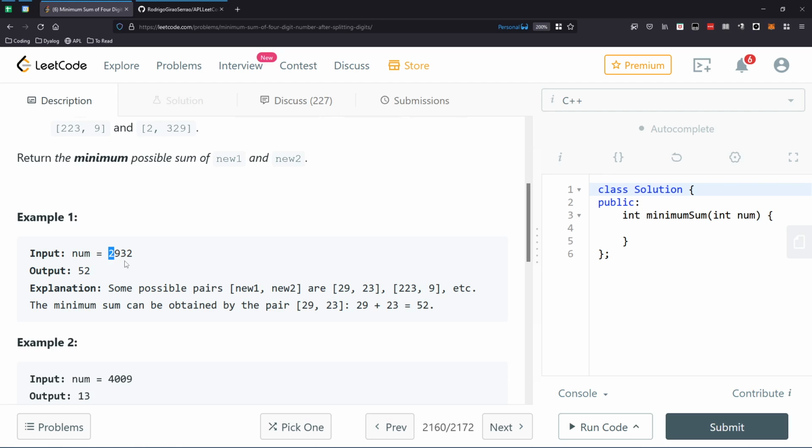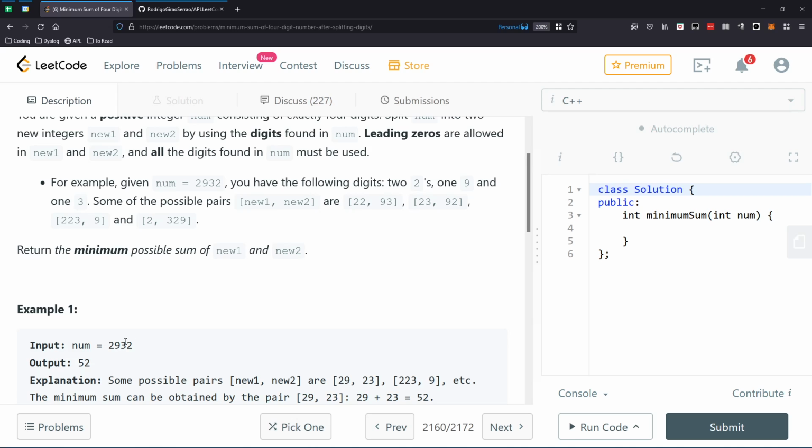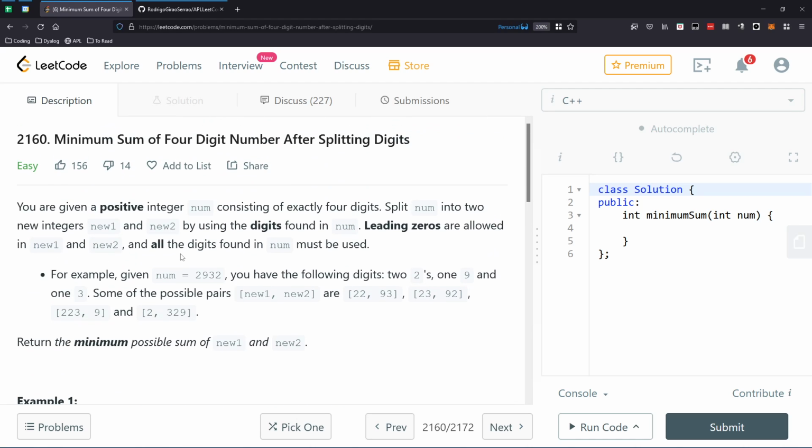But that's never useful, because you can always move the digit from the hundreds place. So this 3 right here, you can always move it to the tens place of the other number, and that makes it cheaper. So yeah, we can go with the clever algorithm.